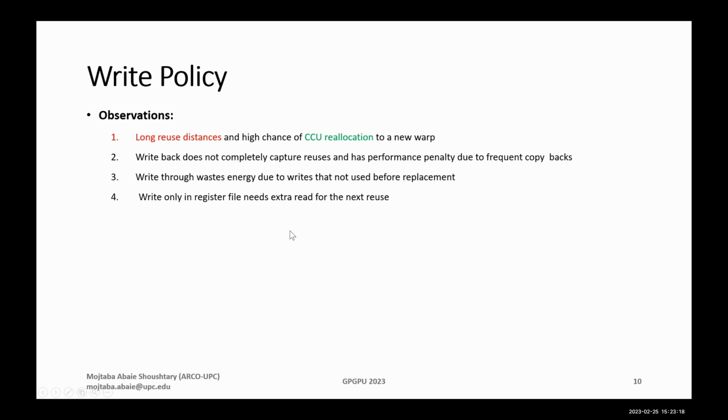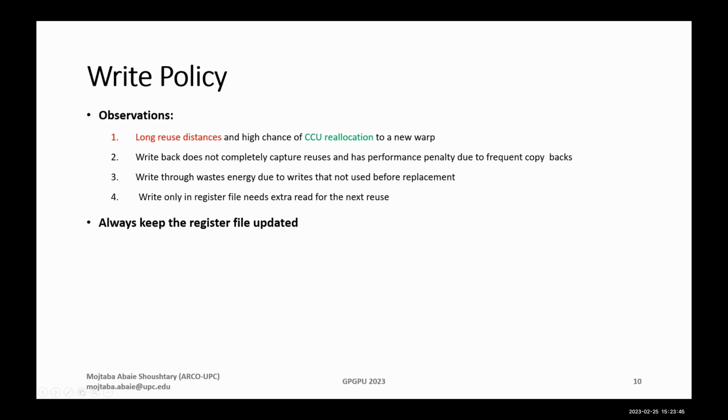Write only in the register file also has some suboptimal behavior because next time we have a reuse of a very near value, we will have a miss. So we need an extra read from the main register file.